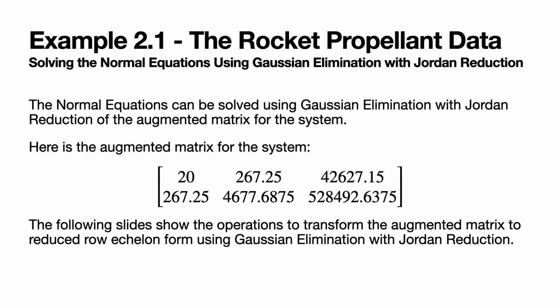Now, the following slides show the operations to transform the augmented matrix to what is called reduced row echelon form using Gaussian elimination with Jordan reduction. And these operations correspond to the same type of algebraic manipulations we did previously in solving the system.